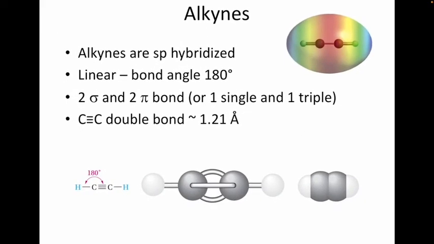Alkynes have what we call a linear shape around their triple bond. So if we look at any triple bond here, all 4 of these atoms are positioned in a straight line.